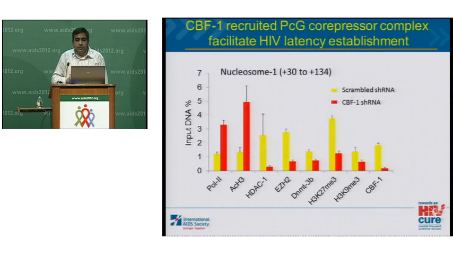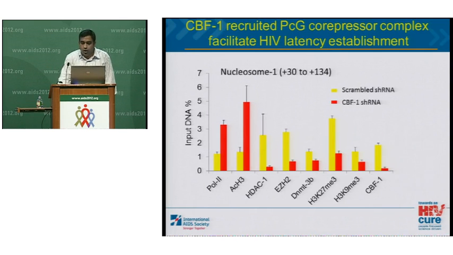And we analyzed the corresponding loss of various epigenetic marks and epigenetic factors at the HIV LTR following the knockdown of CBF1. You can see that when we knocked down CBF1, the red bars, the latent provirus got reactivated, demonstrated by the high level of recruitment of RNA polymerase II, representing the ongoing high level of HIV transcription.